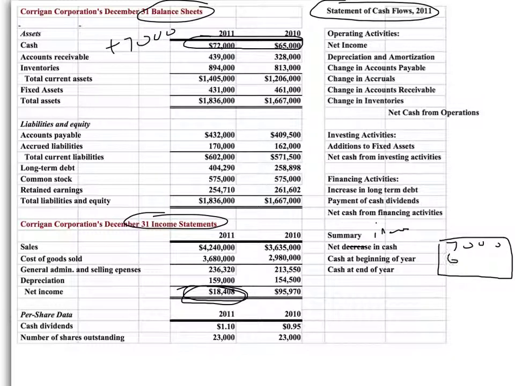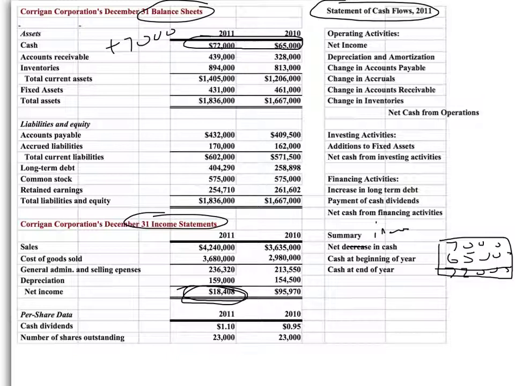We know we had $65,000 at the beginning of the year, and we ended up the year at $72,000. So everything we do in the statement of cash flows is going to have to add to this or provide this net increase in cash of $7,000.